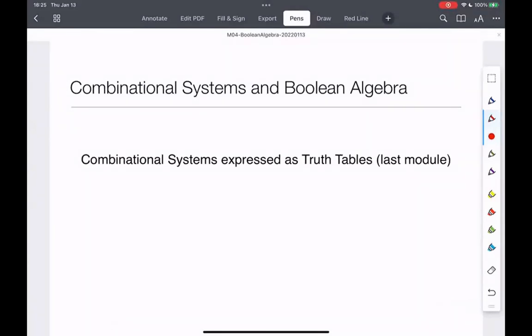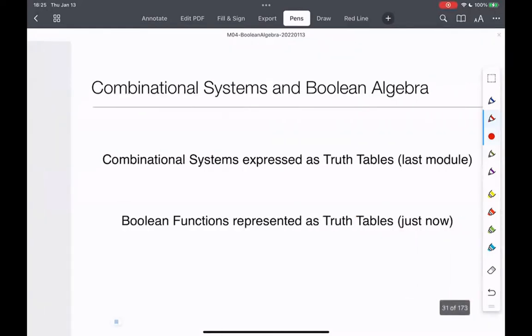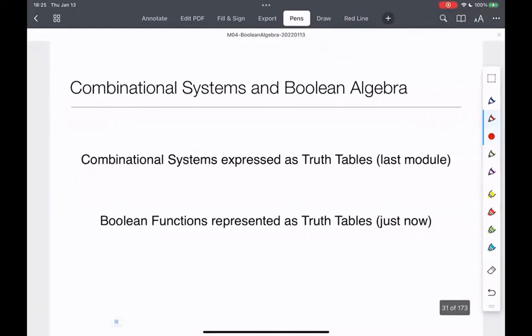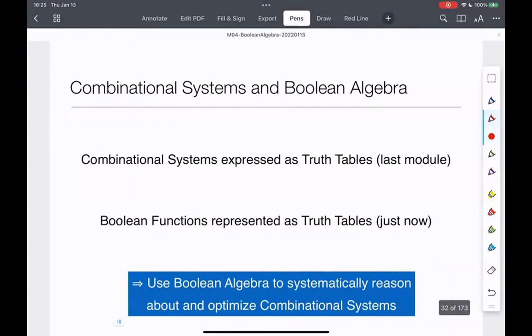In other words, we previously saw that combinational logic could be expressed as a truth table. If I give you a combinational system, you can say for each possible input what the output is, and write it down as a truth table. Here we saw that Boolean functions can be represented as truth tables, or vice versa, truth tables can be written as Boolean functions.